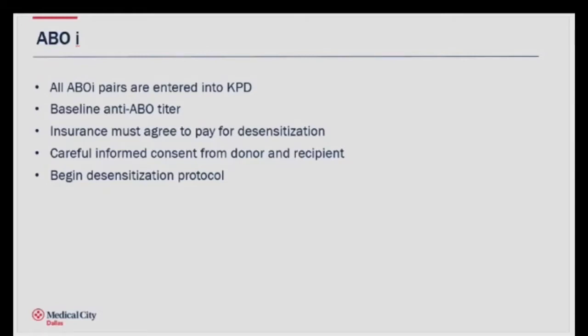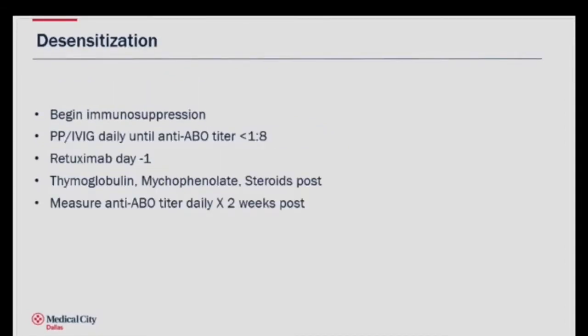We next must get permission from the insurance company to perform desensitization. That's followed by careful informed consent from both the donor and the recipient, and then we begin the desensitization protocol. We closely monitor anti-ABO titers before and after the transplant.